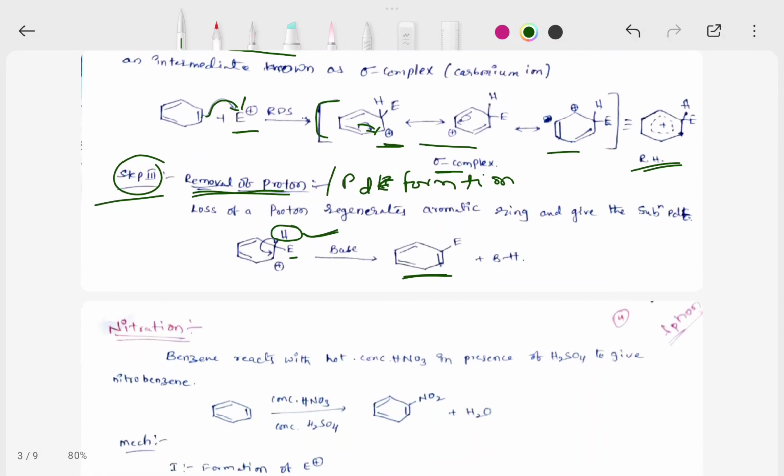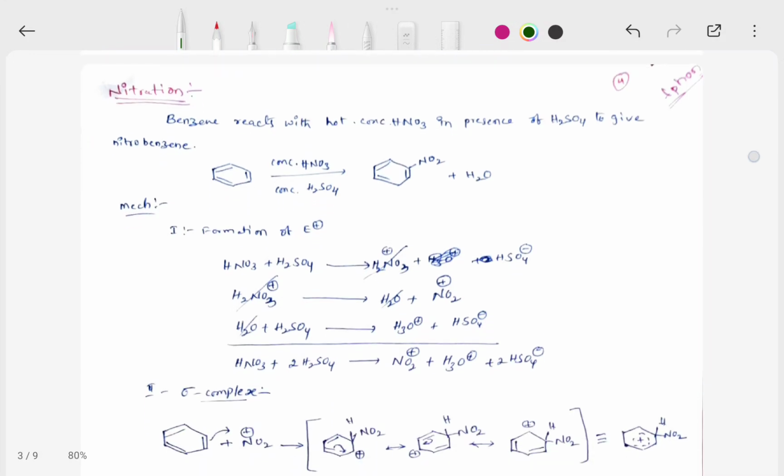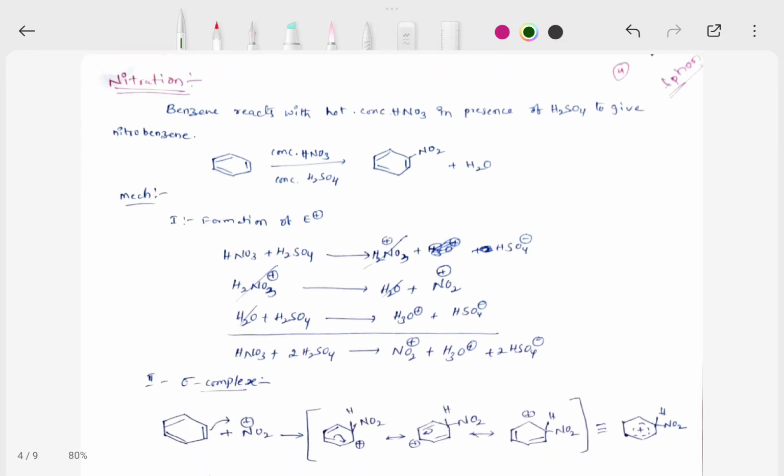Now, the first reaction is a nitration reaction. Benzene reacts with hot concentrated HNO3 in the presence of concentrated H2SO4 to give nitrobenzene.